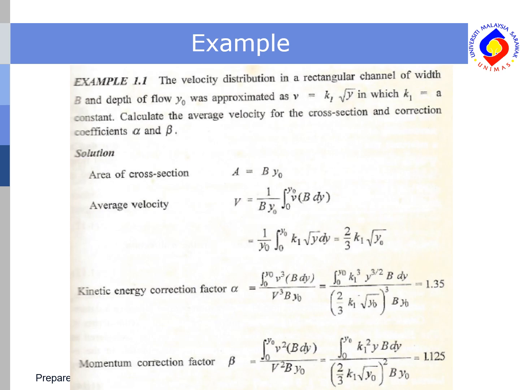From that equation, we can simplify it to become V equal to 2 over 3 k1 square root of y0. Then you use equation 1.6 to find the kinetic energy correction factor alpha, which will give you the value of 1.35. And as for the momentum correction factor beta, use equation 1.9. This will give you a value of 1.125.